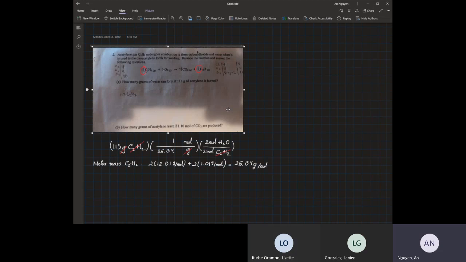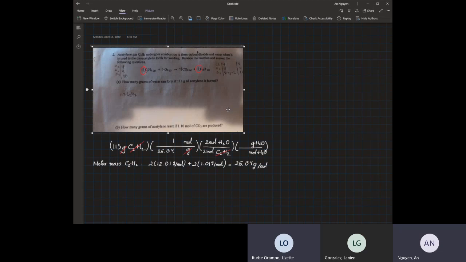And with moles of H2O, we are interested in grams. So converting from moles to grams, we use another molar mass. Because now we are dealing with water, we do grams of water per mole of water.